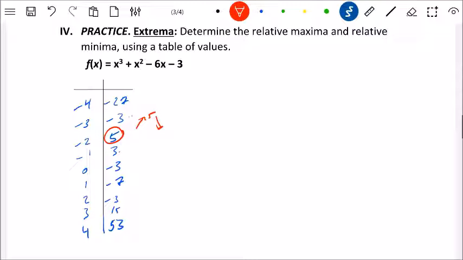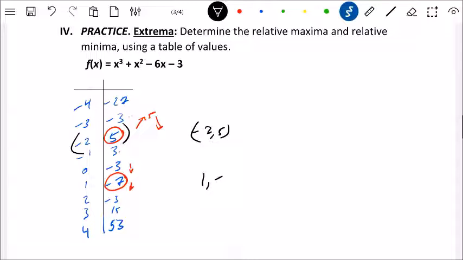And then the same thing's going to be true with the minimum point, the -7, going from -3 up to -7 and then coming down away from the -7. That's one way to think of it. So here in this case, what we need is the point that's here. We need -2 and 5, and we need 1 and -7.